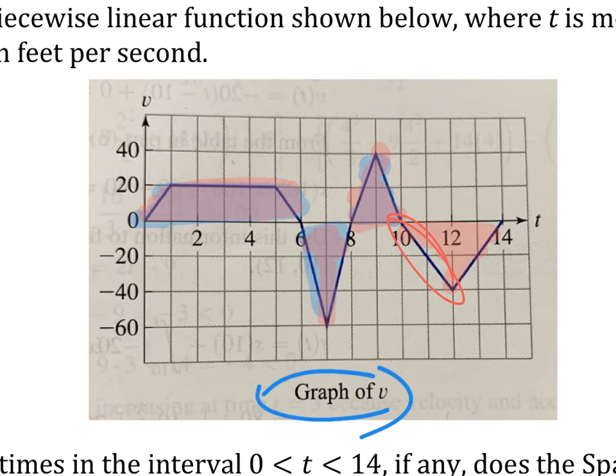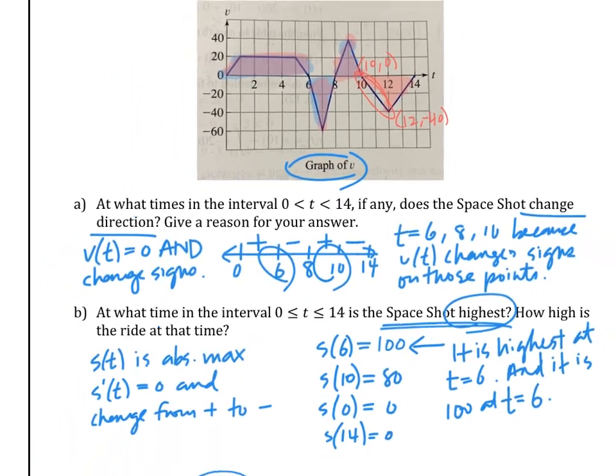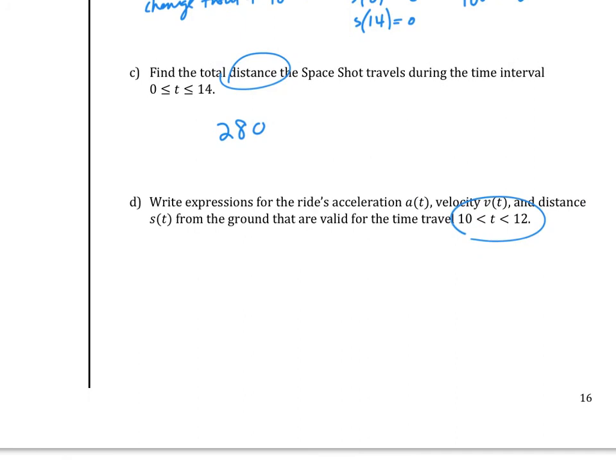So looking at this graph, you need to write an equation for this line segment. Now just recall Algebra 1. Find the 2 points on this line. So this is 12, negative 40, and this is 10, 0. So basically write an equation that goes through these 2 points.